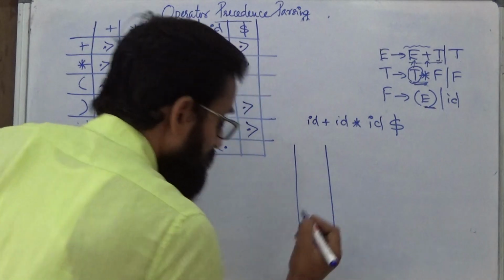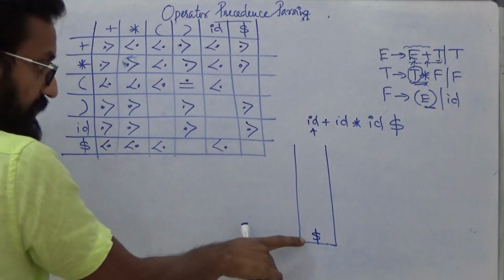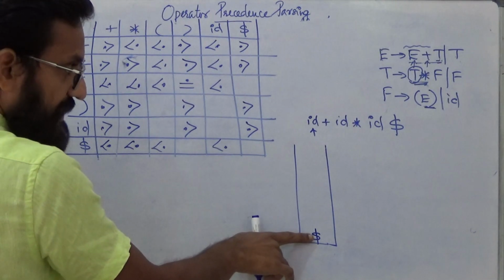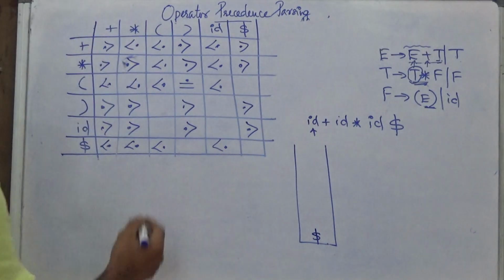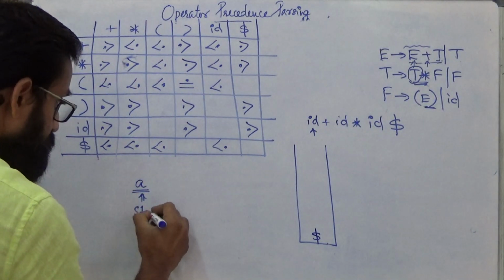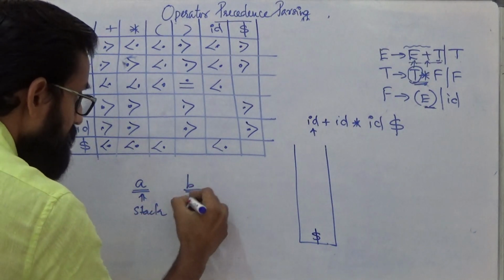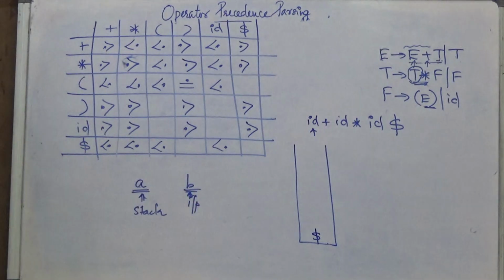Initially the stack will be delimited with dollar. It will start reading the input string. It will compare the precedence between the stack top and the input encountered. So let A be the stack element and B be the input encountered. So it will compare A and B.